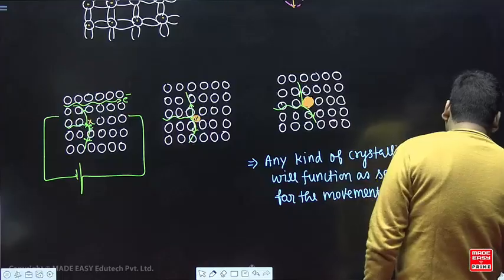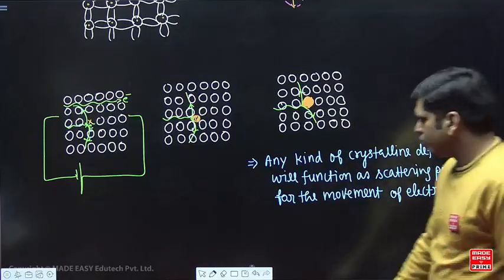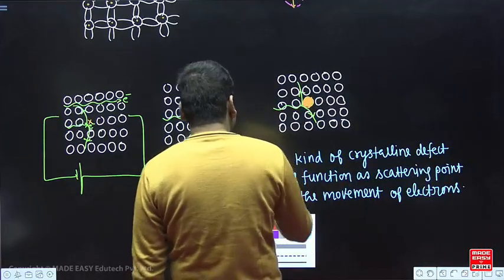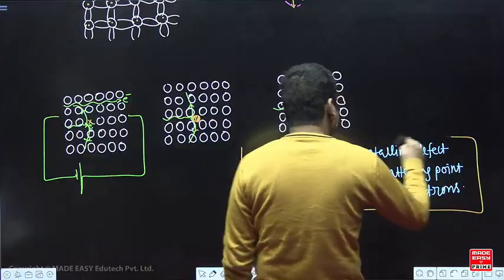Means if there is any defect, it will try to scatter. Please note down this point. I would be using it in the later sections of our discussion.